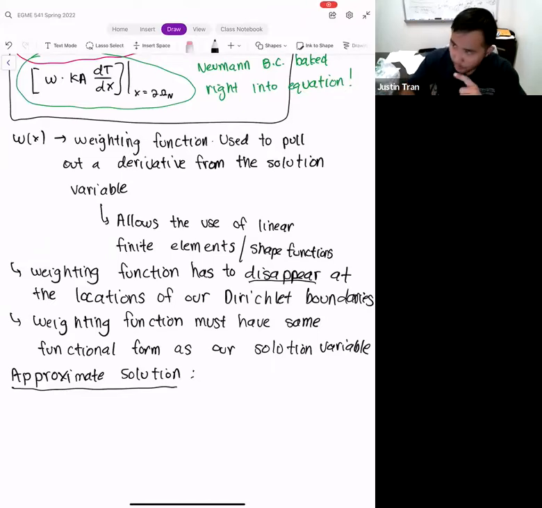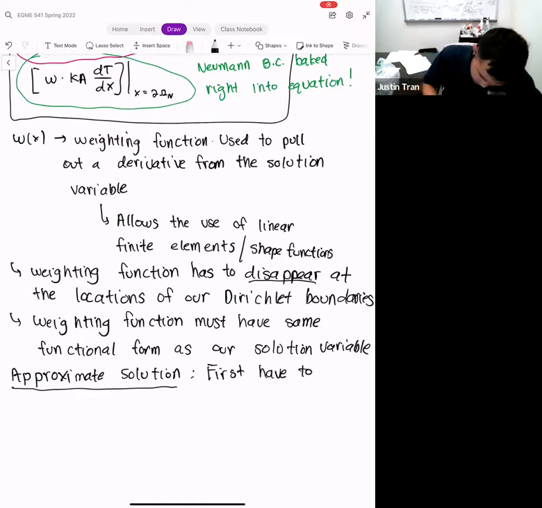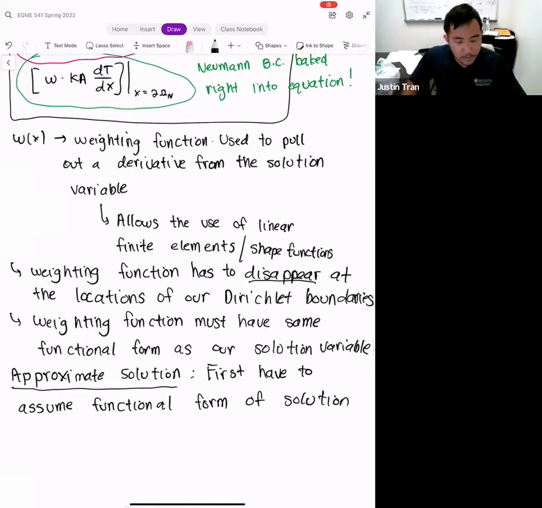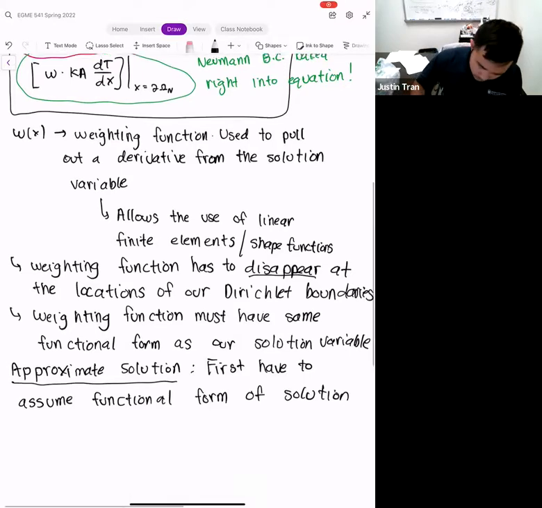And so the first step in getting an approximate solution is that you have to assume its functional form. 99% of the time, practically speaking, these functional forms take the form of some polynomial.